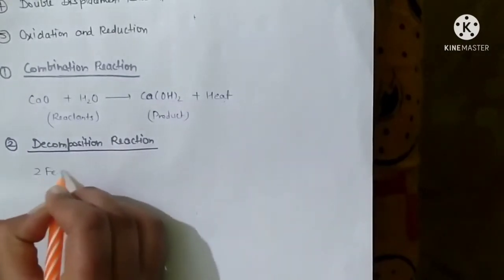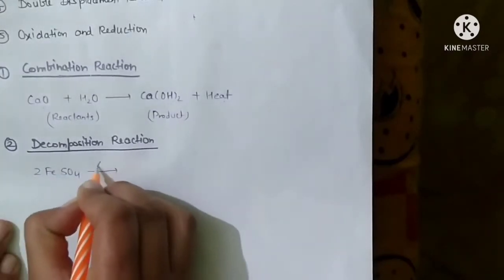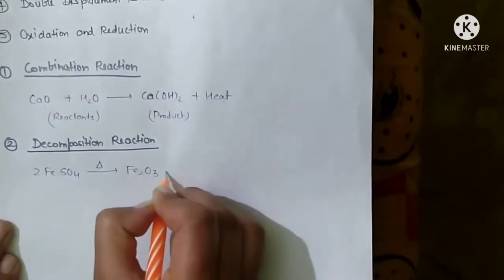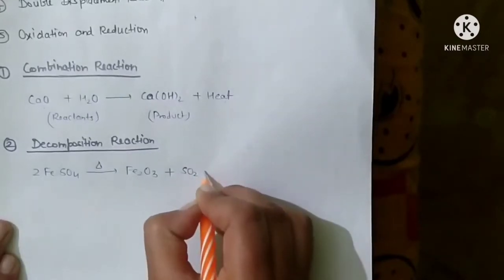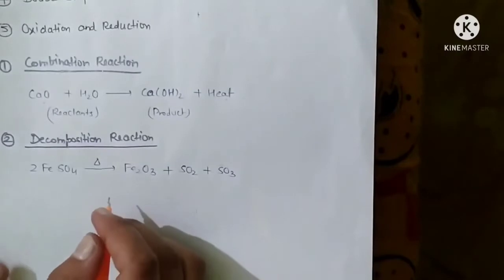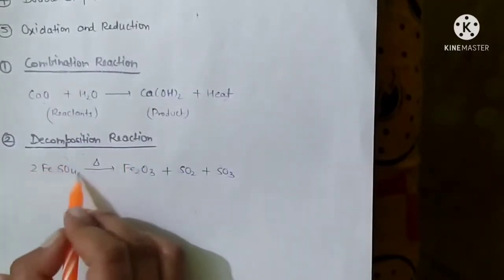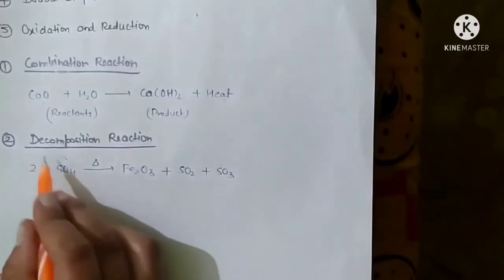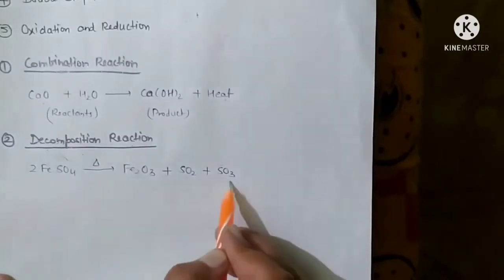For example, 2FeSO4, when we heat it, forms Fe2O3, ferric oxide, plus sulfur dioxide gas plus sulfur trioxide gas. So this is an example of decomposition reaction. One reactant decomposes or breaks into 3 products.